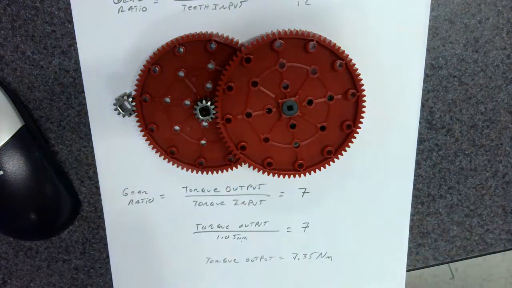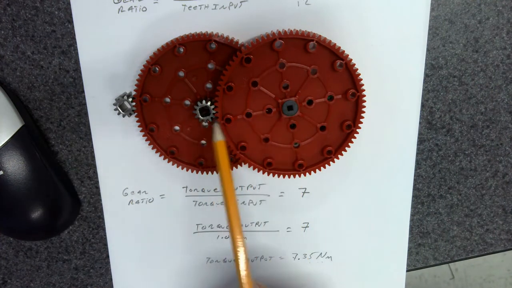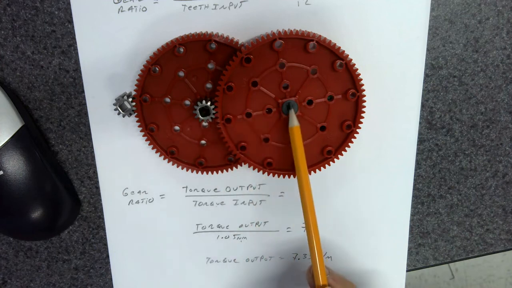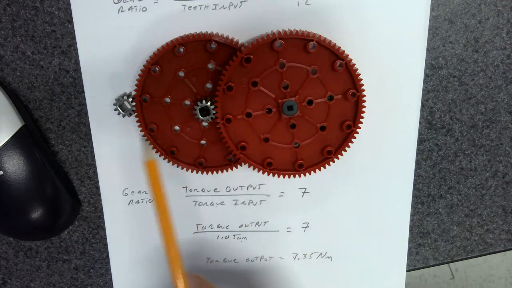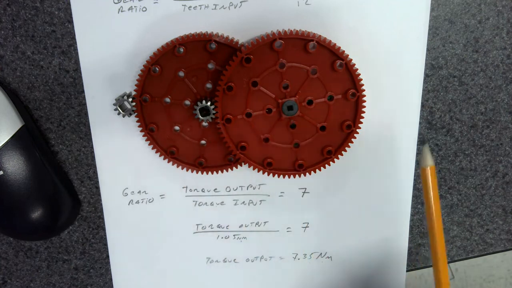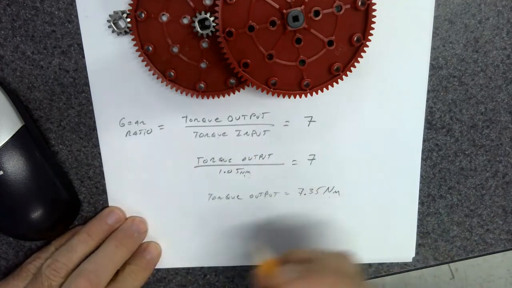Now we've done it again. We've got another 12 to another 84. We're going to get another magnification of our torque by a factor of 7. You might just think, well, this is 7 times, and then this is another 7 times, and 7 times 7 is 49.